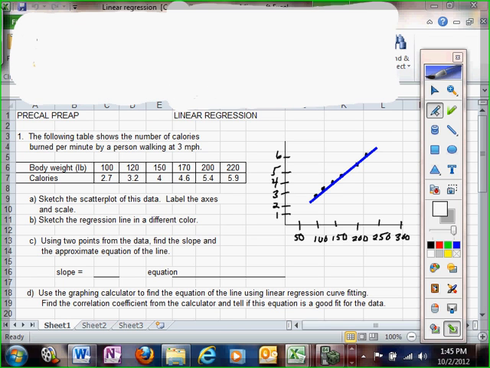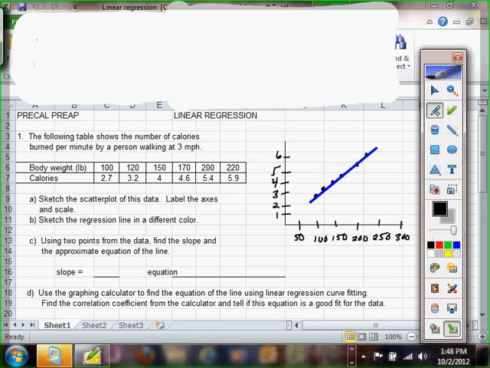So if I want to write the equation of this line, I need 2 points to find the slope.